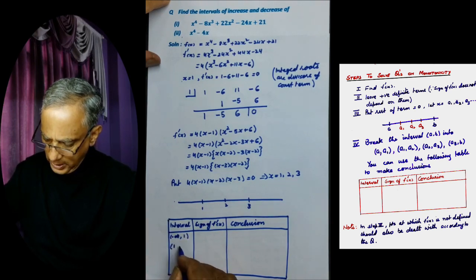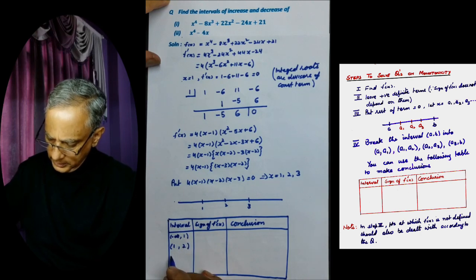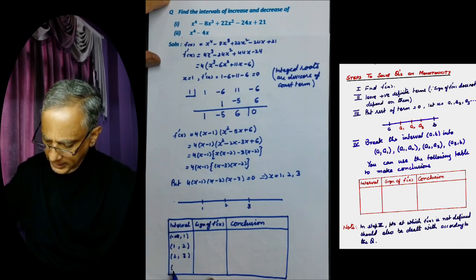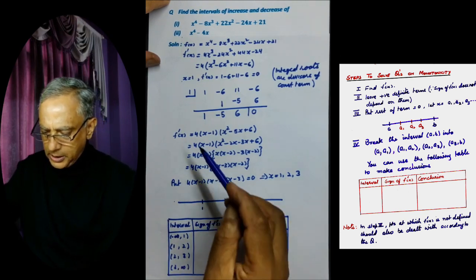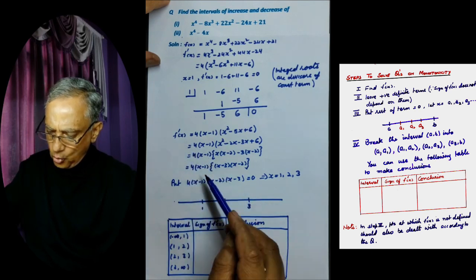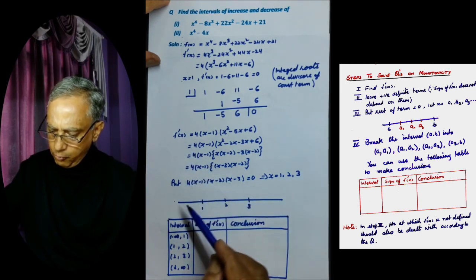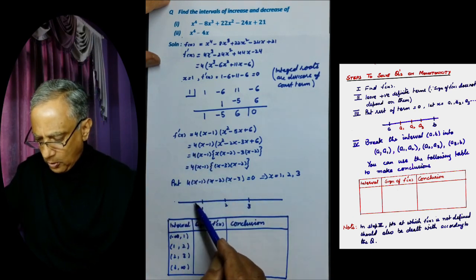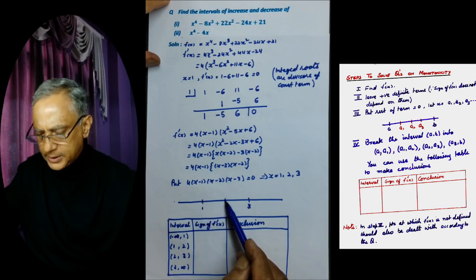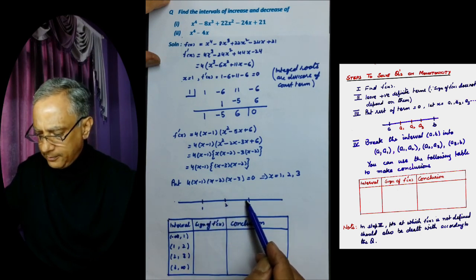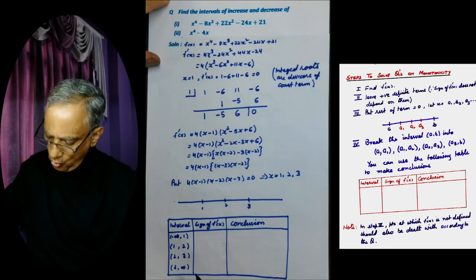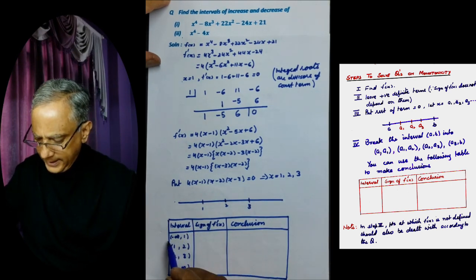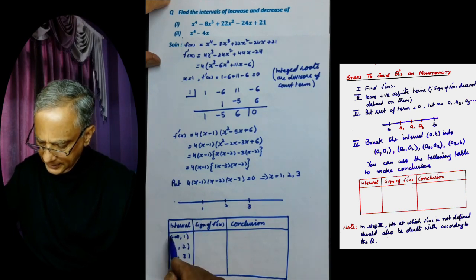Second is 1 to 2. Third is 2 to 3. And fourth is 3 to infinity. Now sign of f dash x changes only at these points. It will remain same throughout this interval, same throughout this interval, and it will be same in this interval and in this interval.